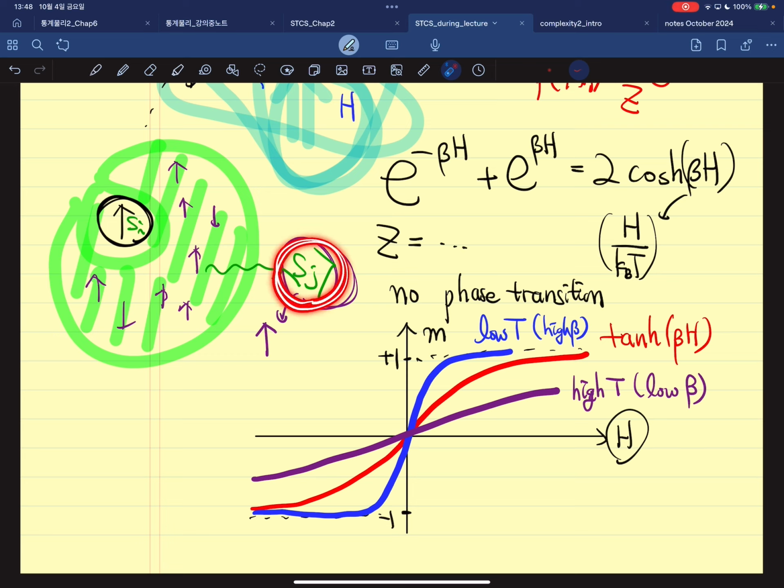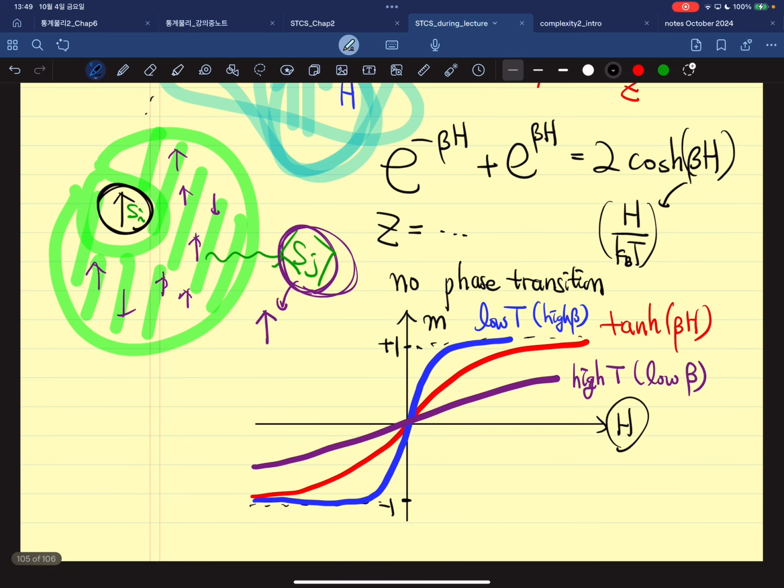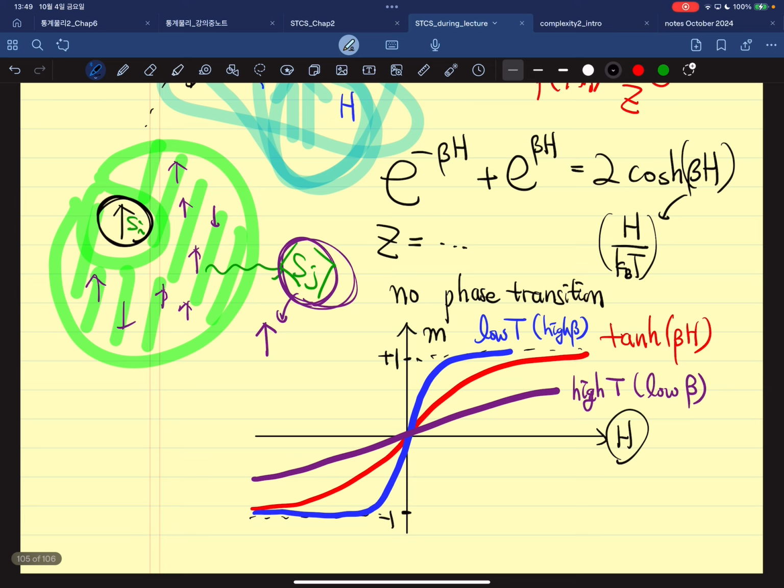even if you want to treat all of the other spins as a single object, because that is not absolutely true, there are some deviations from this average behavior. So it's better to use an analogy. You have this spin variable, and you have spin 1, spin 2, and spin 3.